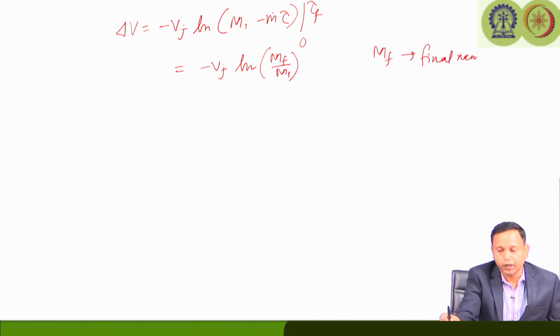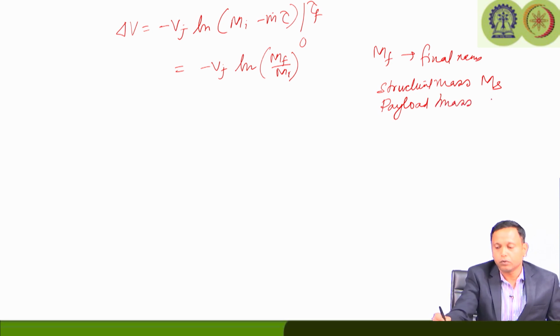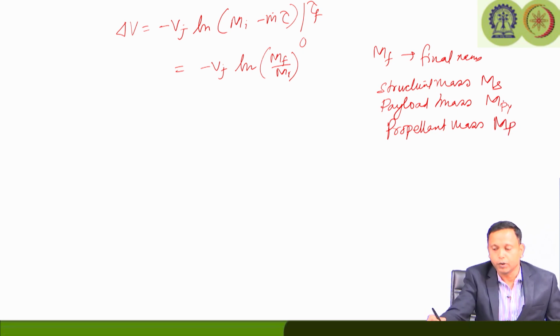So, final mass means what? The rocket consists of the structural mass, it consists of the payload mass, which we can say as mpy, and the propellant mass, which is denoted as mp. Some books refer to this payload mass as mu also, the useful mass.